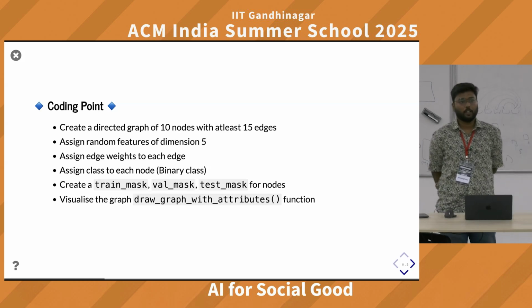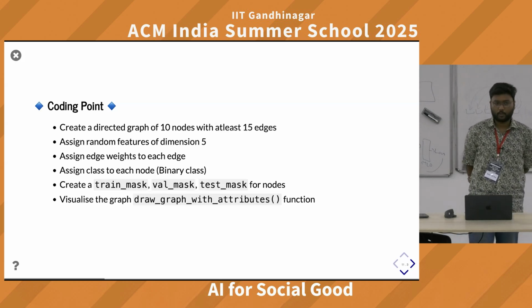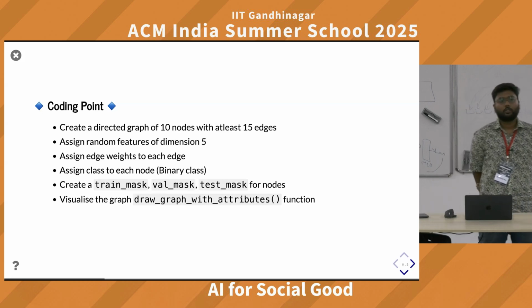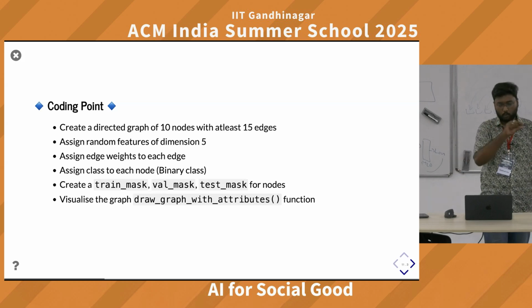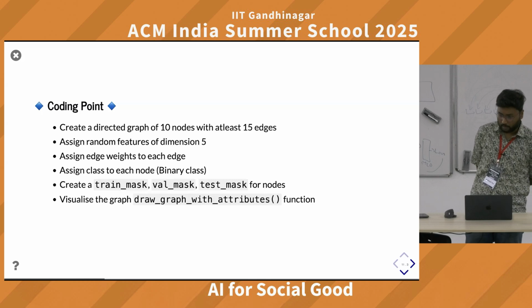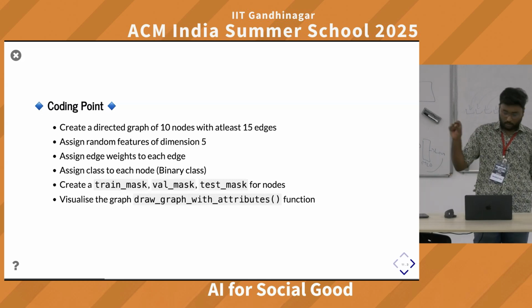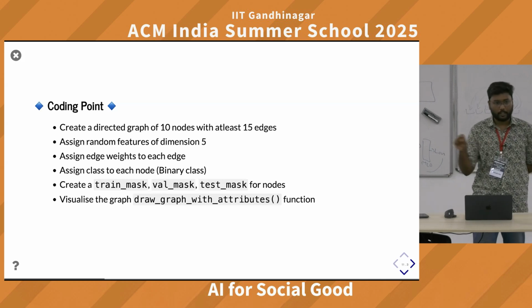For the edge, to add the edge, you can see the dimension is 2 comma number of edges. What does 2 mean? It's a 2 by number of edges tensor. The first row is the source nodes. The second row is the target nodes.